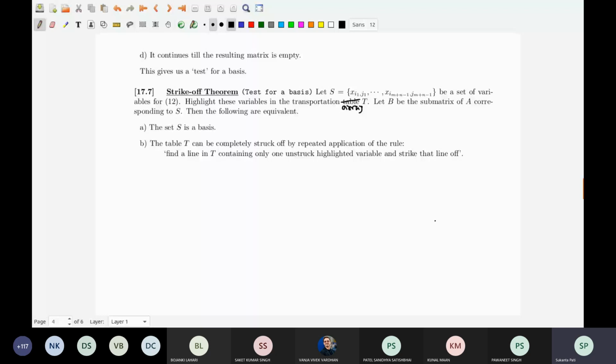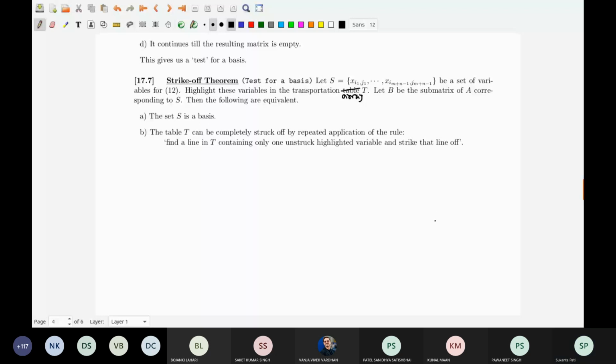The proof is by induction only. So let's say A implies B. Suppose that you have S a basis, and let B be the basis matrix. I will go by induction. The base case is trivial, so that is no problem. So take the basis matrix.